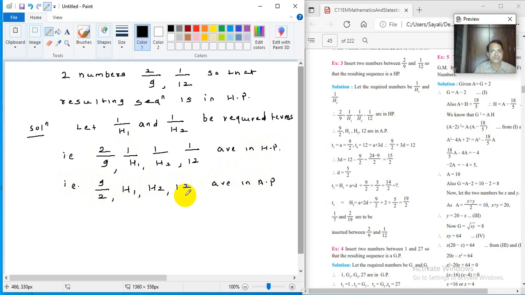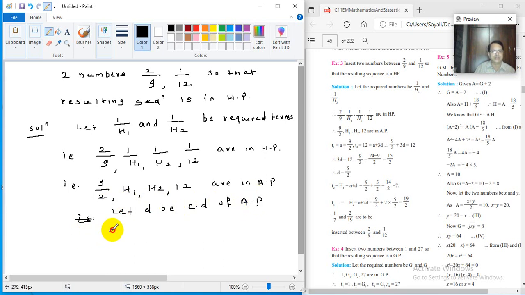When these terms are in arithmetic progression, the difference between consecutive terms is constant. Let d be the common difference of this AP.